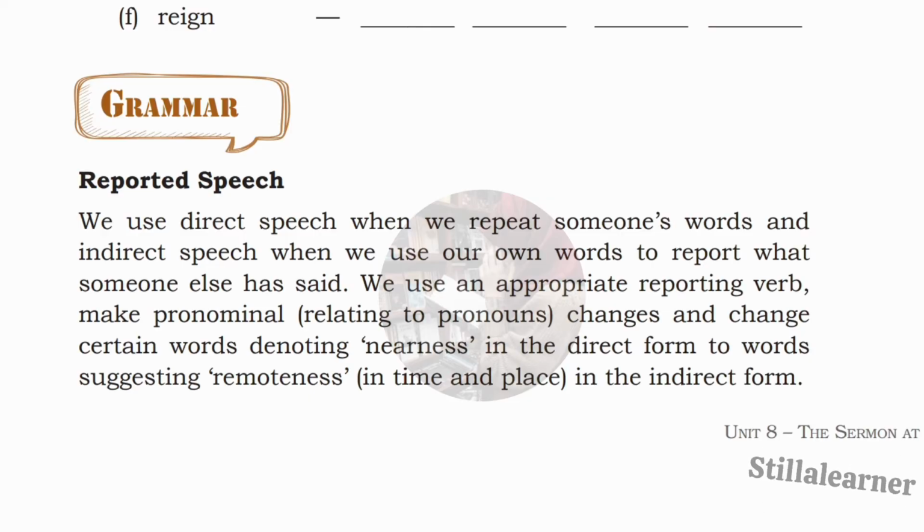Okay, this is what indirect speech means. So indirect speech is also called reported speech. Let's see an example. Ravi said, I want to watch a film. If I have to say this in indirect speech, then I'll say Ravi said that he wanted to watch a film. Now it's clear. Let's see the examples given in the workbook.